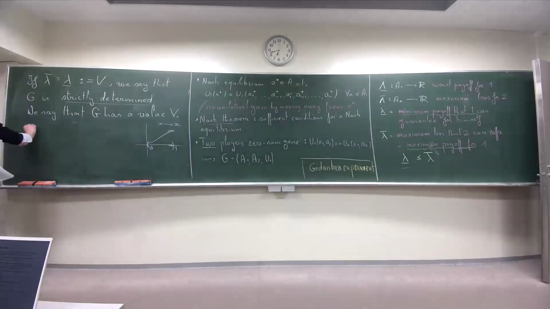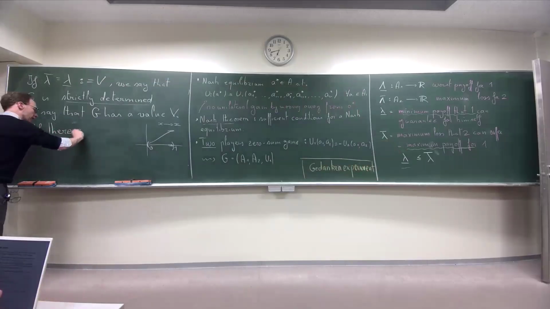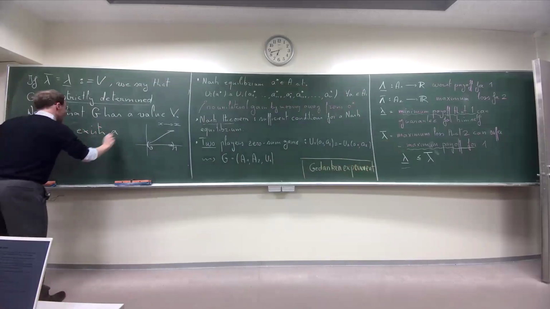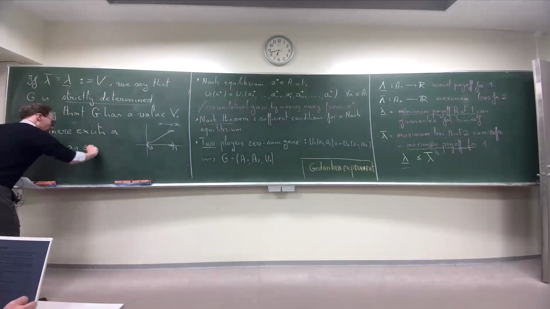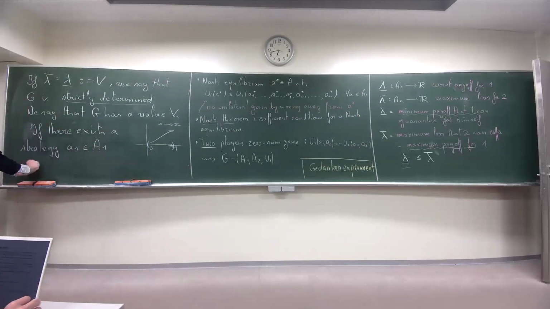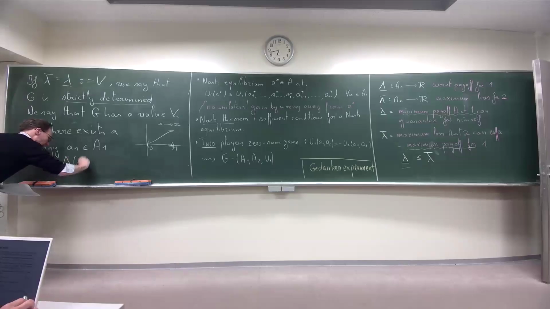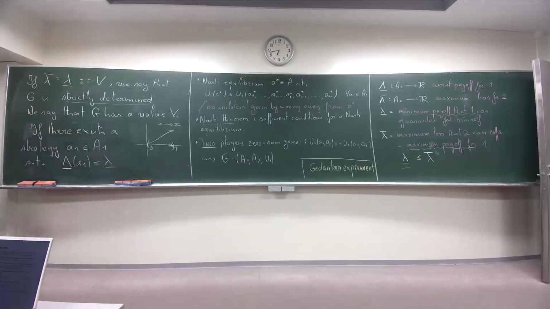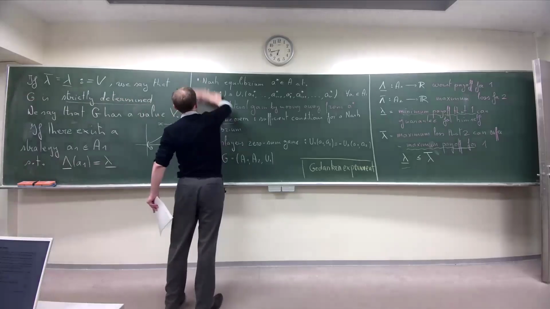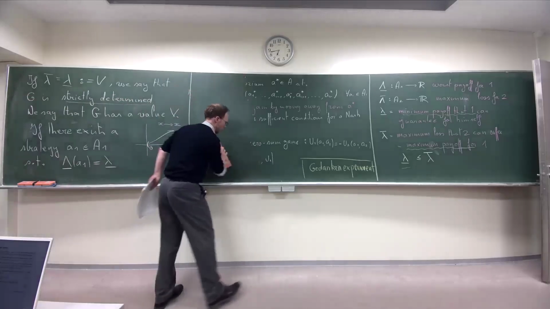So if there exists a strategy A1 in A1 such that this underlying function is exactly equal to this value, so if you reach this value by a certain strategy, this strategy is called an optimal strategy.